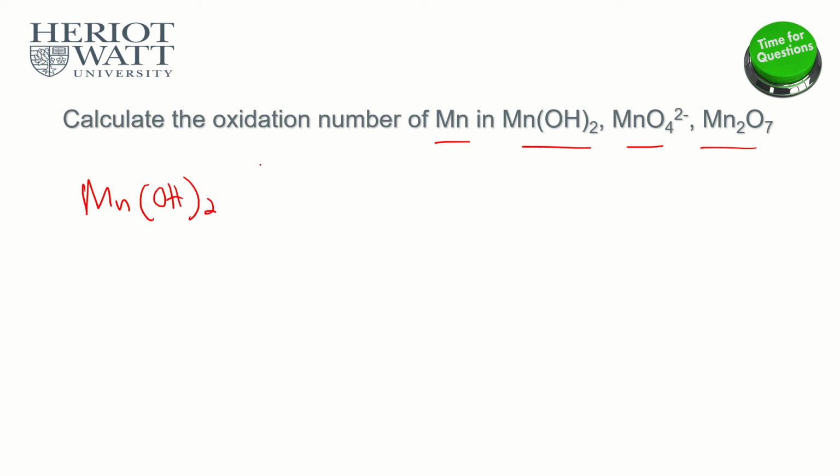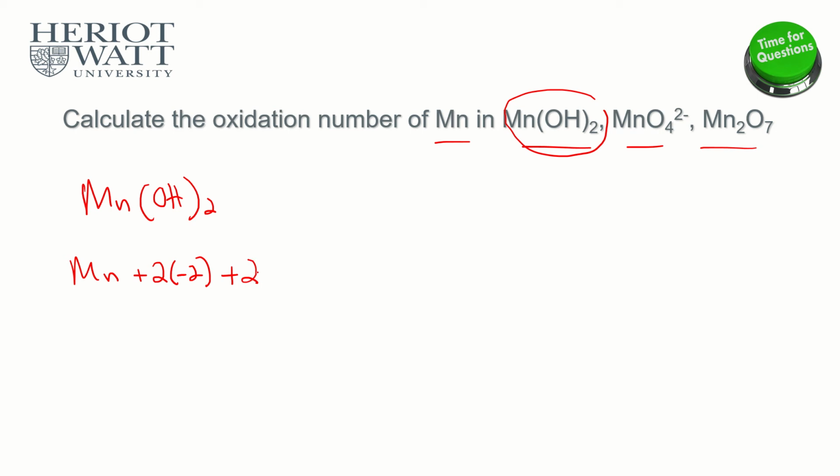Mn(OH)2, right? Overall here, what do I see? I see no charge at the top right corner, so it equals 0. Manganese is what we want, added to whatever we have here. I have 2 oxygen, and what is the common oxidation state of oxygen? -2. So 2 multiplied by -2, plus hydrogen. What is the common oxidation state of hydrogen? +1, right? Follow the charge or the group numbers.